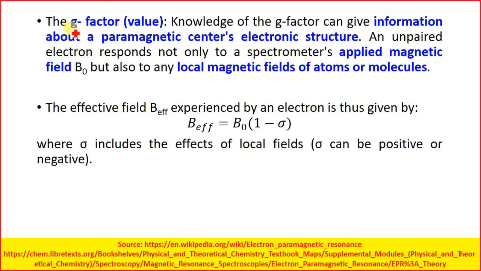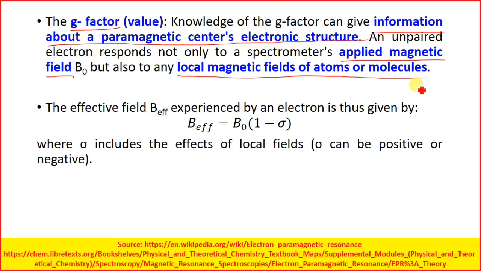The g factor, I have already told you, is regarded as the Landé factor. So knowledge of the g factor can give information about a paramagnetic center's electronic structure. An unpaired electron responds not only to the spectrometer's magnetic field B0, but also to any local magnetic fields of atoms or molecules. So what are those?